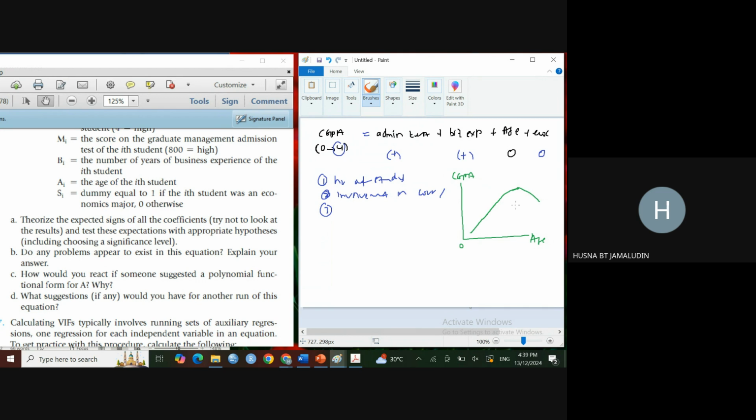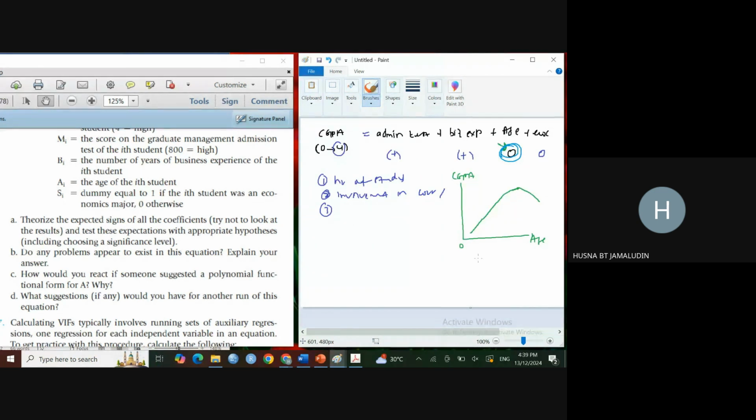So basically, previously you were saying that the relationship is 0. So do you agree? Let's look at the first relationship. Are you saying that the older you get, the higher your CGPA? Meaning that if, let's say, in your class you are 20 years old and your friend is 25 years old, because he's older, his CGPA will be higher than yours. Not really, right? So remember, you already hypothesized a 0 relationship.